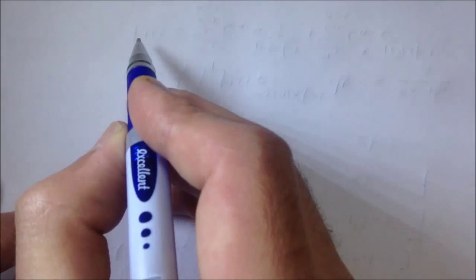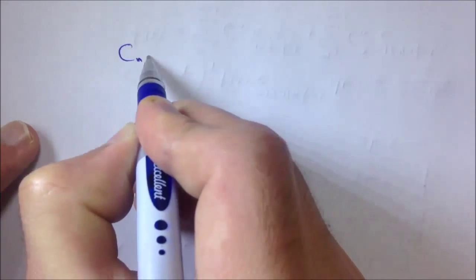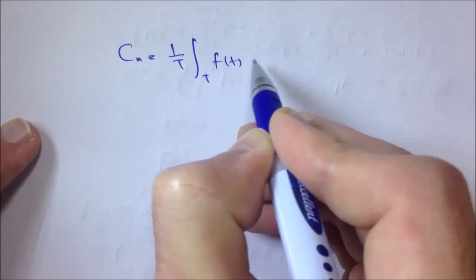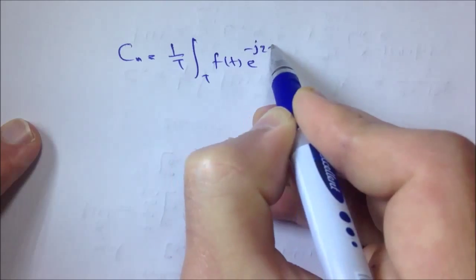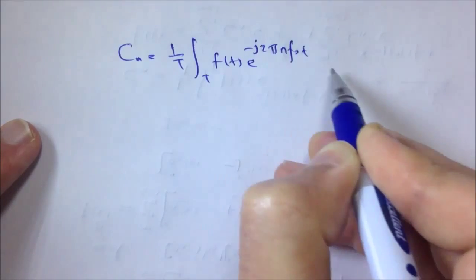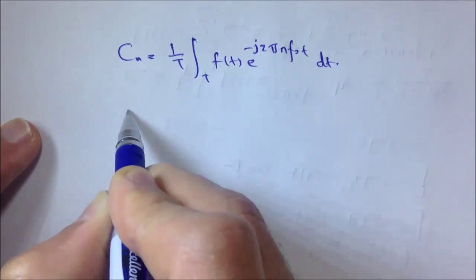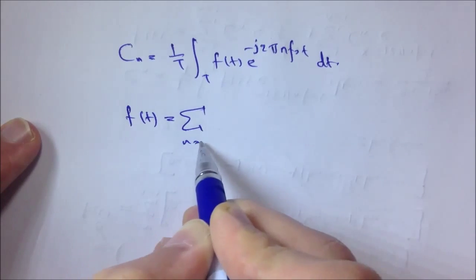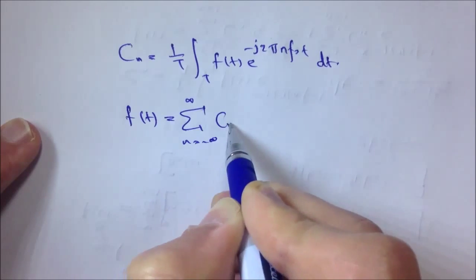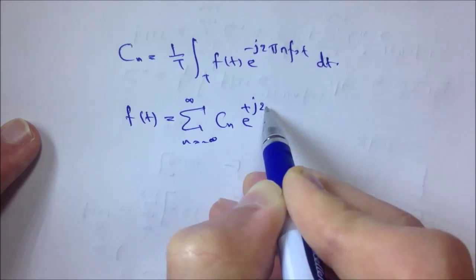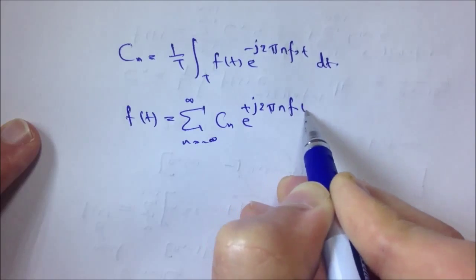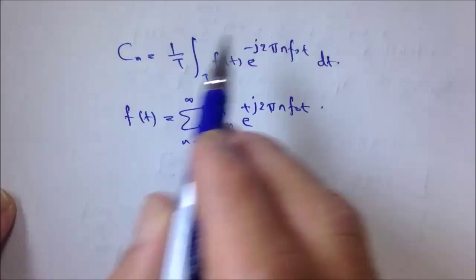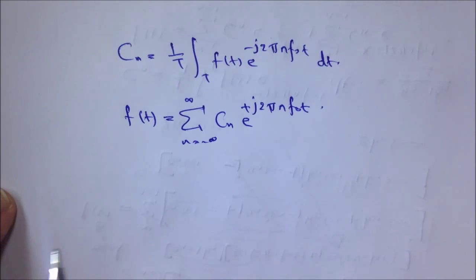So to summarize, we say c sub n equals 1 over T, integration over time, f of t e to the minus j 2 pi n f naught t dt, and f of t equals summation from n equals minus infinity to plus infinity c sub n e to the plus j 2 pi n f naught t. So you can see that we have a single formula that enables you to find all coefficients.